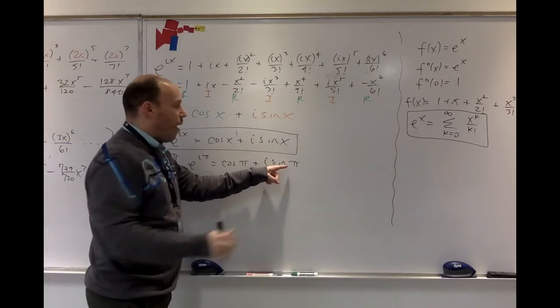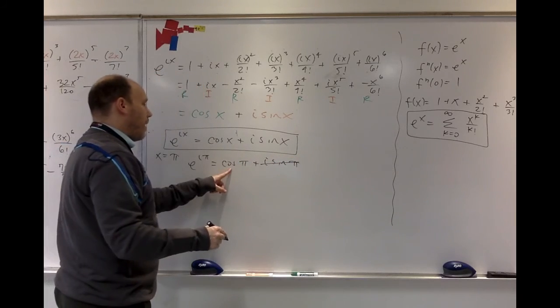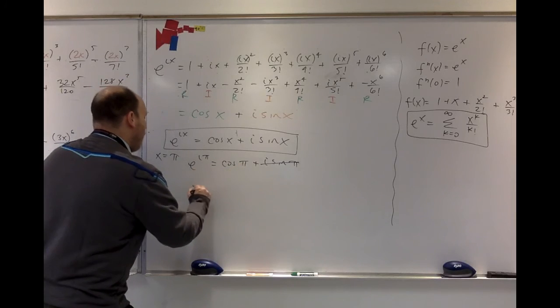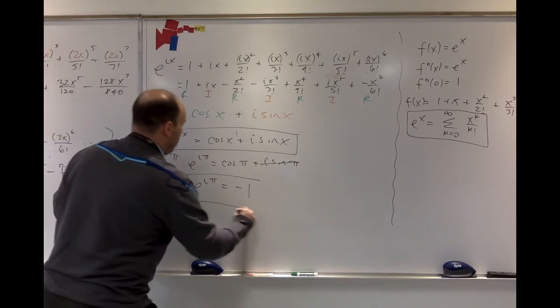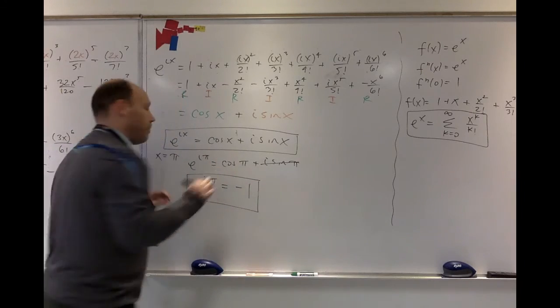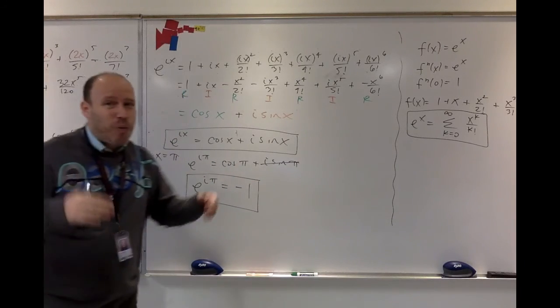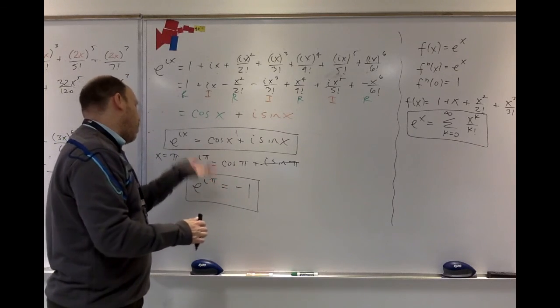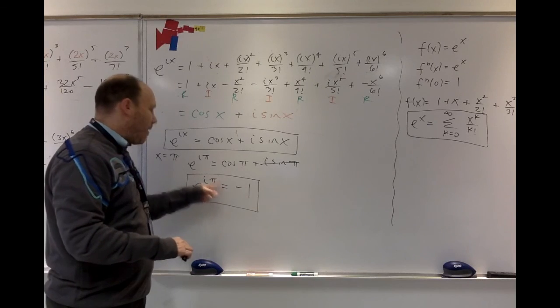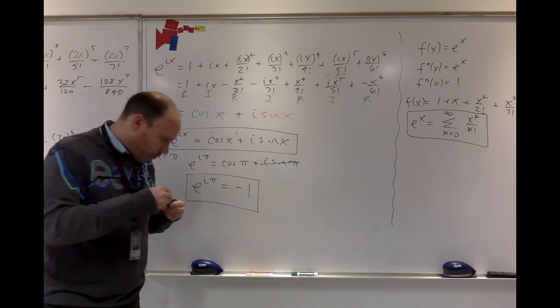Well, we know sine of pi is 0. We know cosine of 180 is negative 1, and we get e to the i pi equals negative 1. And that is how we prove Euler's equation, that e to the pi i is equal to negative 1.